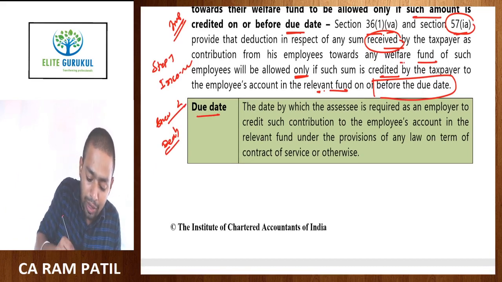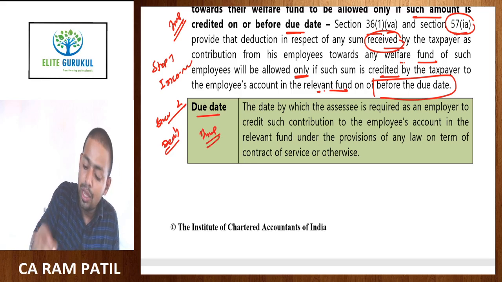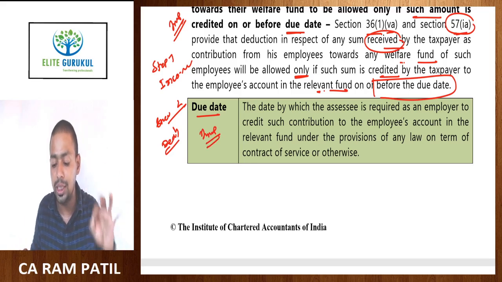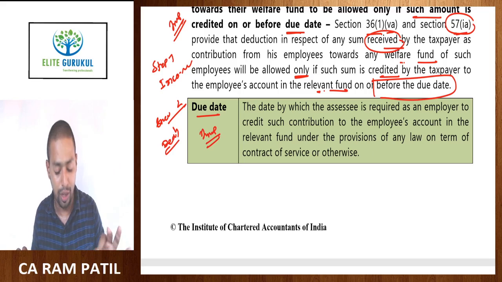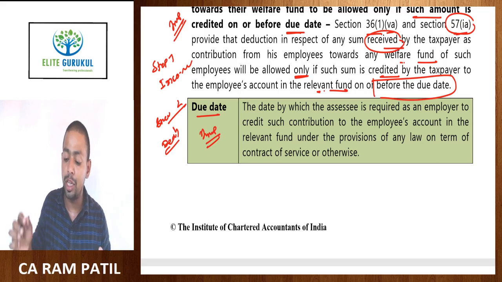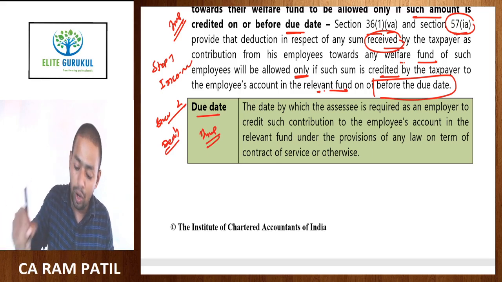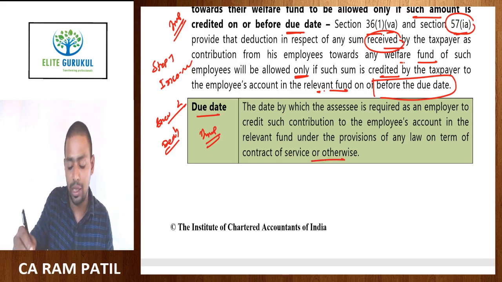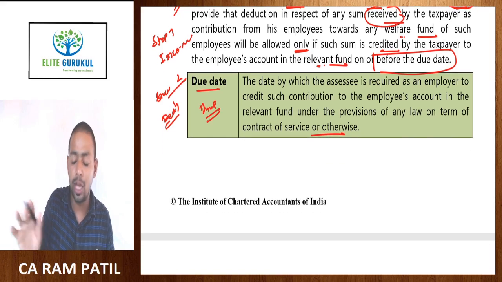So what do you mean by due date? This concept itself is important here. The date by which the assessee is required as an employer to credit such contribution to the employee's account in the relevant fund under the provisions of any law, terms of contract of service or otherwise. So please understand, it's not talking about income tax, it's talking about the respective fund.